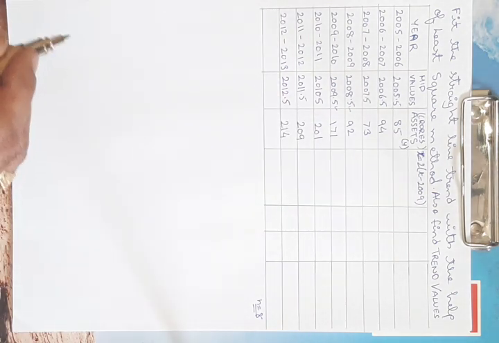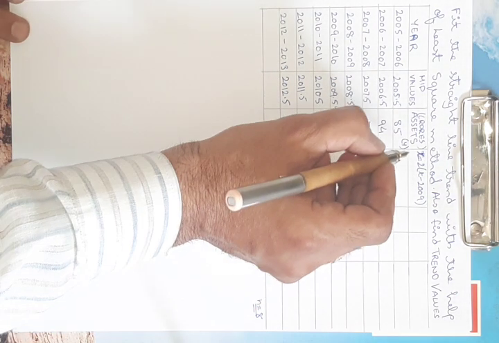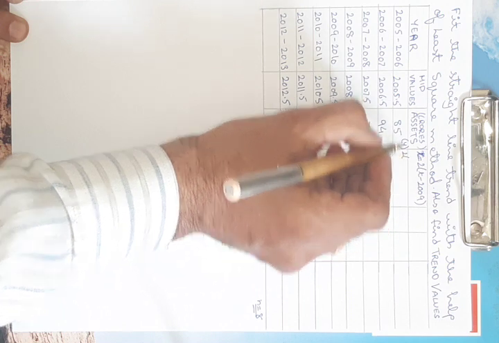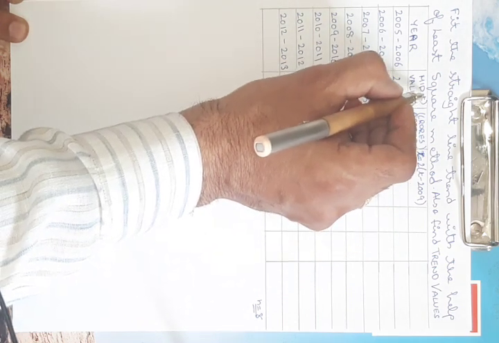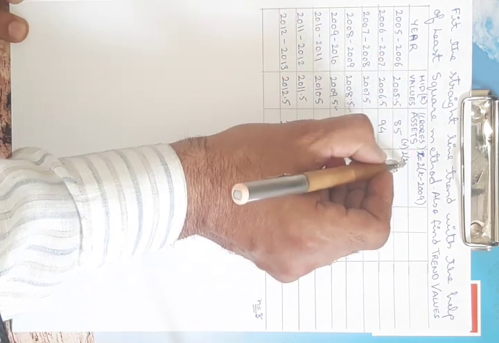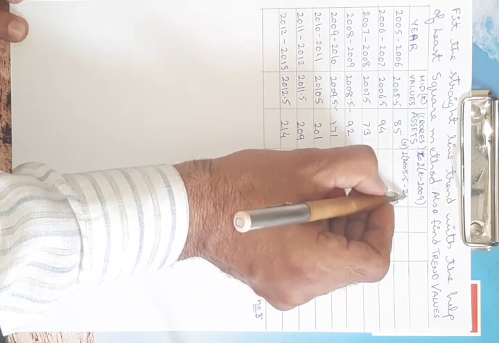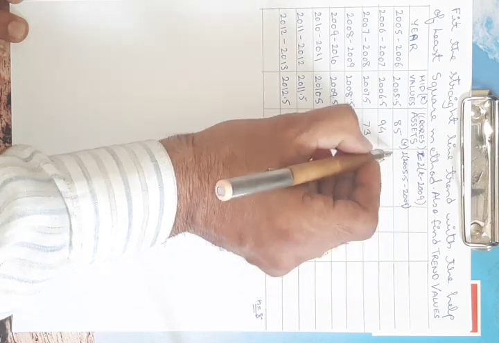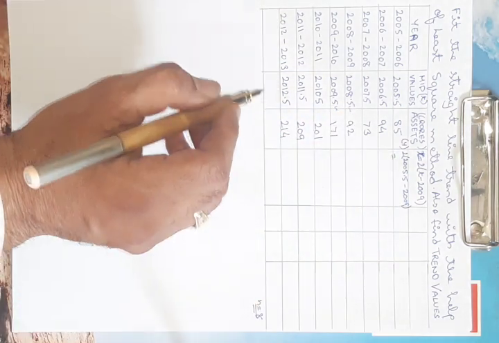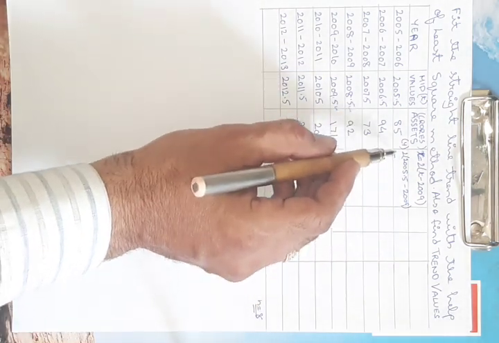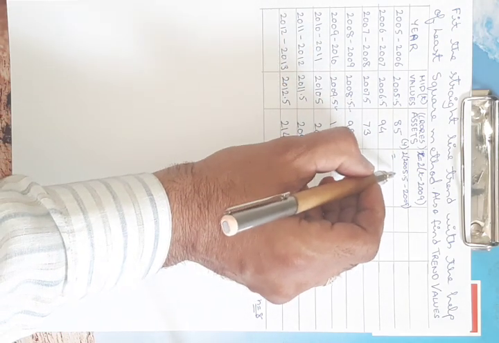The first value is calculated by the formula 2 into (t minus 2009), where t is nothing but the mid values. So 2005.5 minus 2009 is minus 3.5, multiplied by 2 comes out to be minus 7.